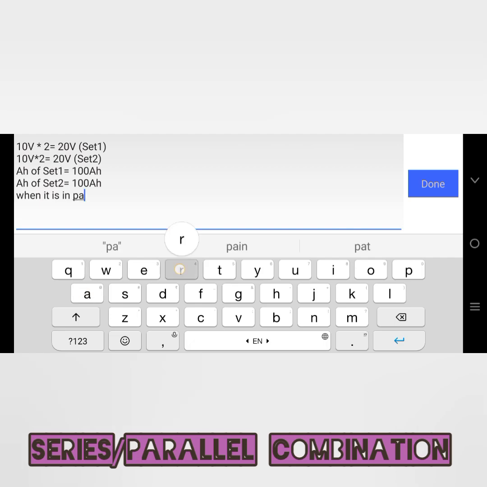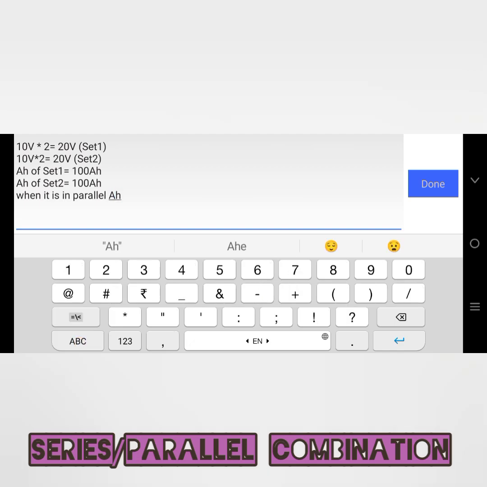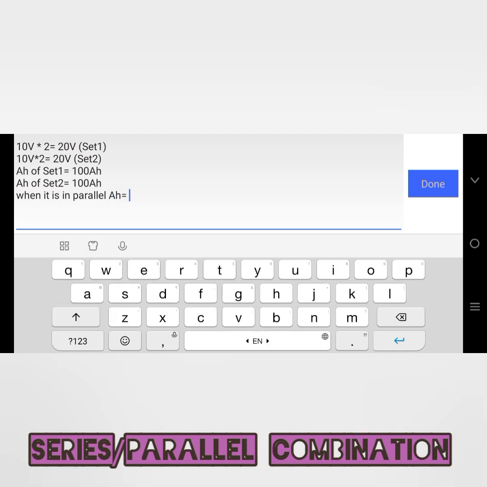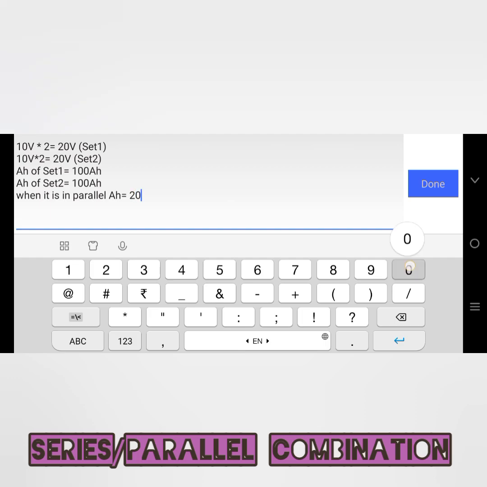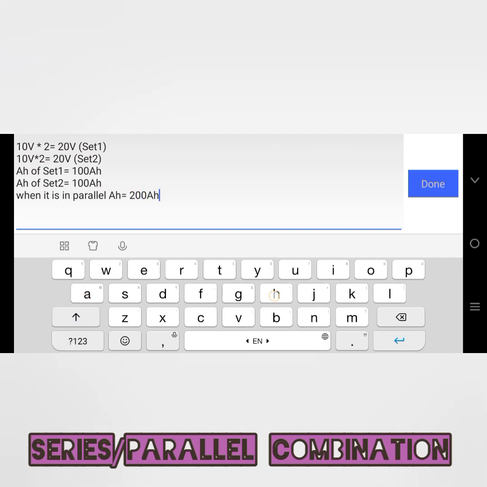Set 1, as I said, is in series, so the voltage gets increased. Set 2 is also in a series combination, so voltage gets increased. That means 10 volt into 2 batteries, same for set 2, 10 volt into 2 batteries, so 20 volt will come as the outlet for set 1 and set 2.